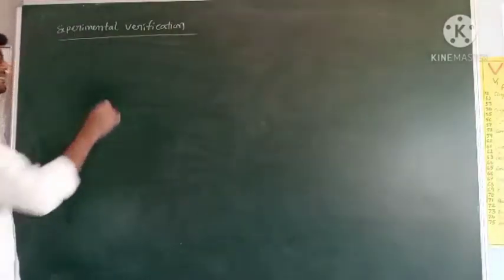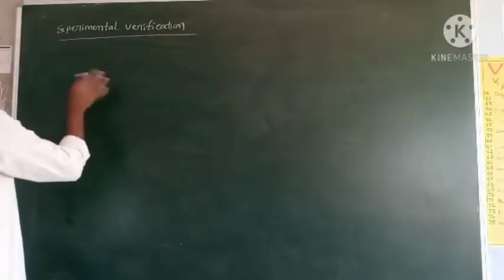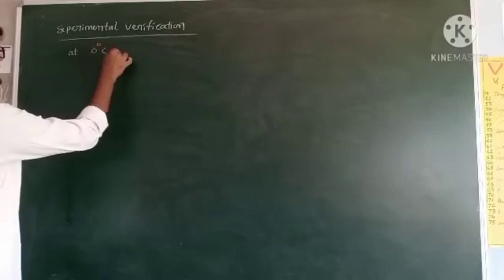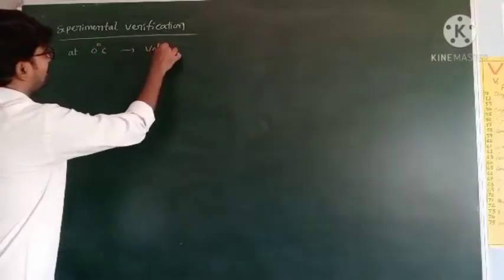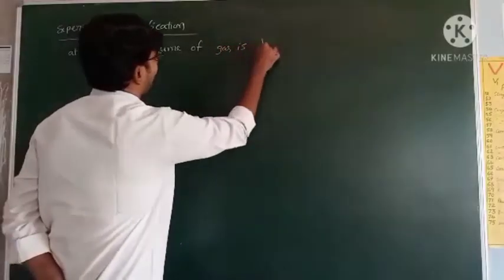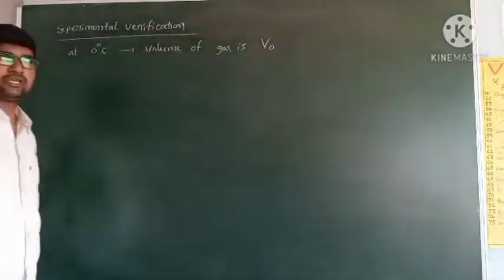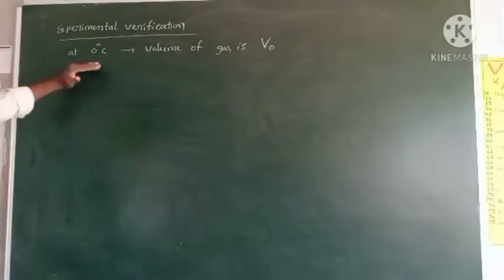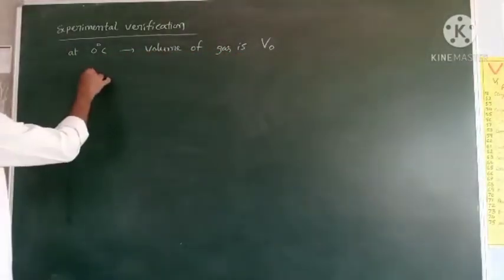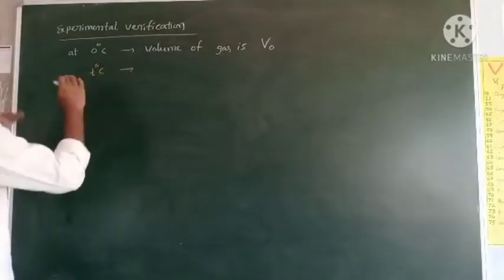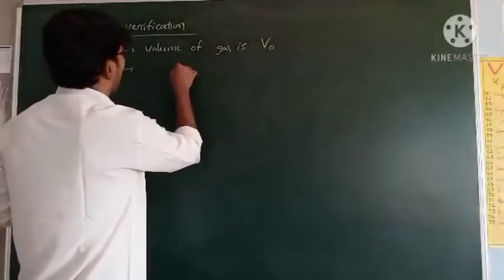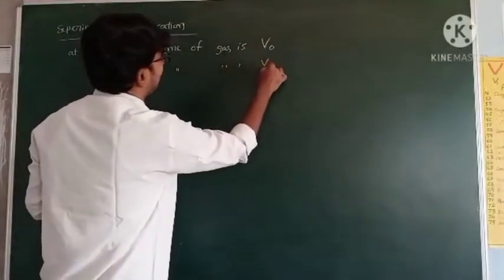Experimental verification means if you take any gas, for example, at 0 degrees centigrade, the volume of gas is V0. At T degrees centigrade, for example if you increase by 10 degrees centigrade, the volume of the gas is Vt.